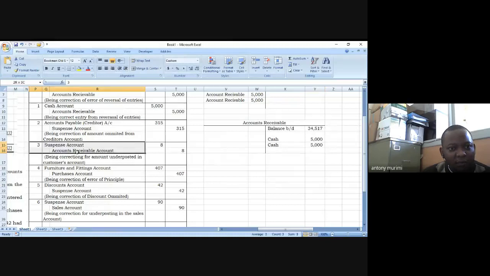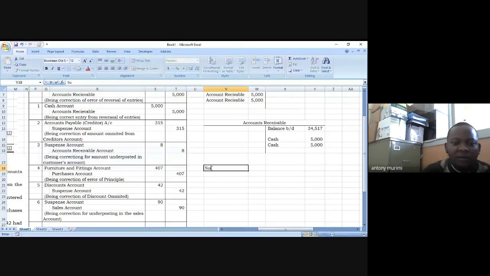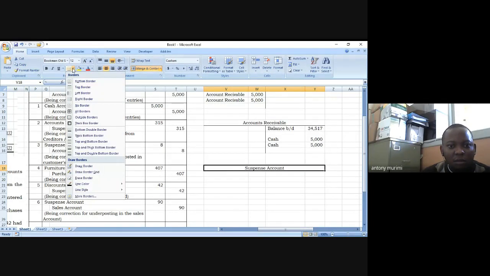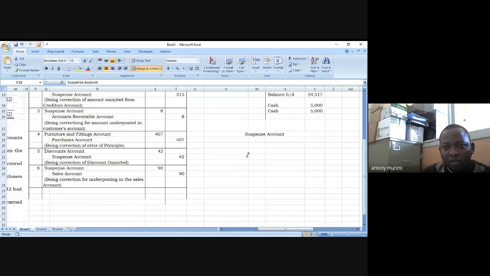We move on to the next. Number 3, we have the suspense account and accounts receivable. So we open the suspense account.